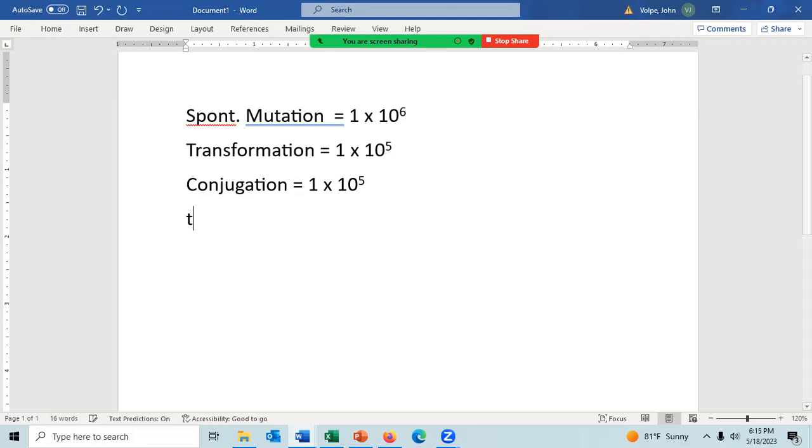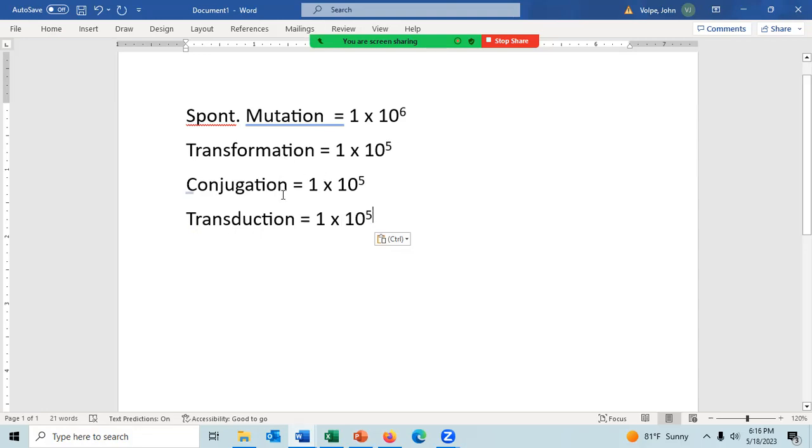And then in transduction, it also equals about 1 times 10 to the 5th. So transformation, conjugation, and transduction are going to happen about 10 times more often than spontaneous mutation of this gene.